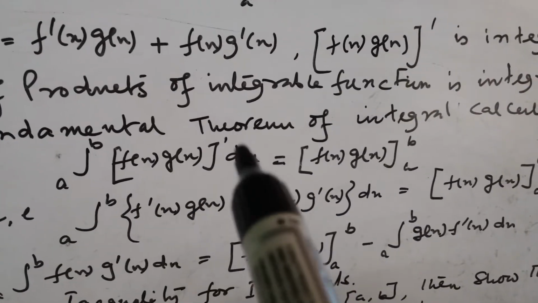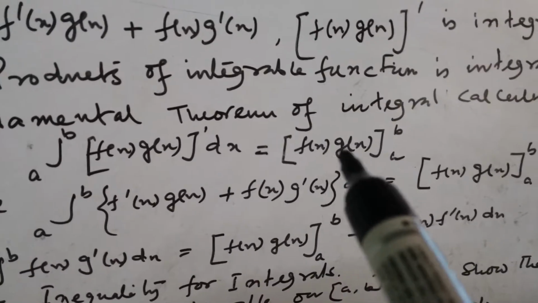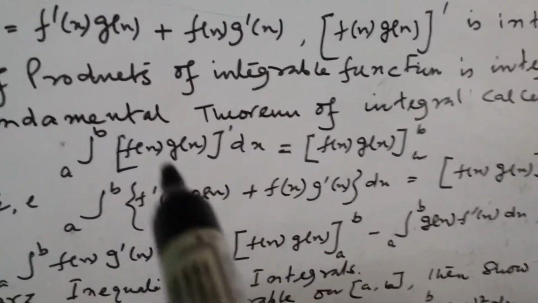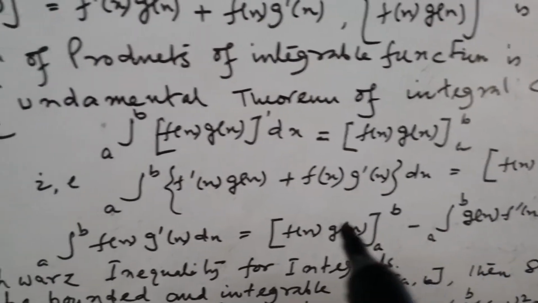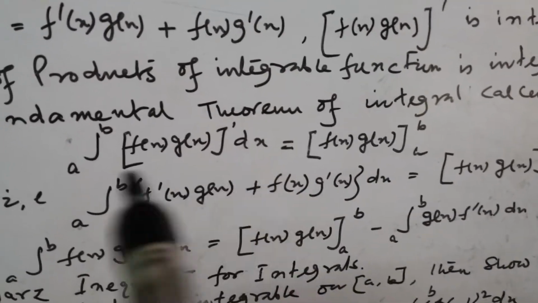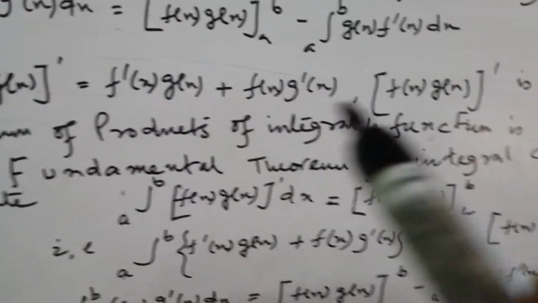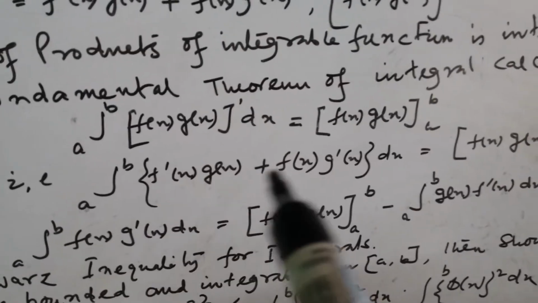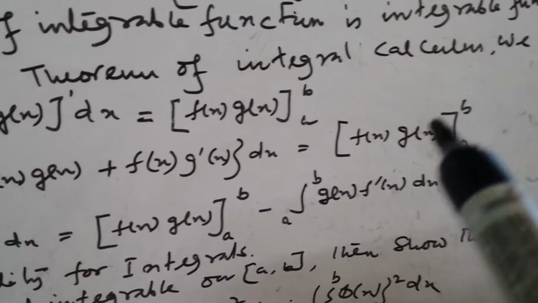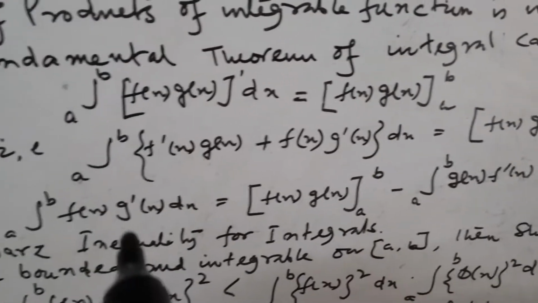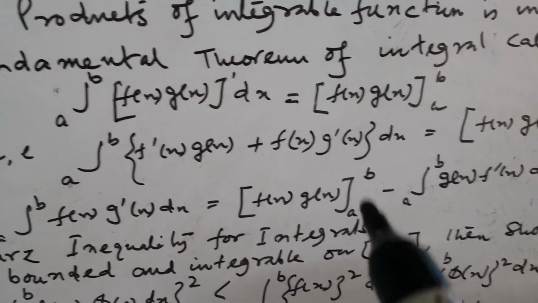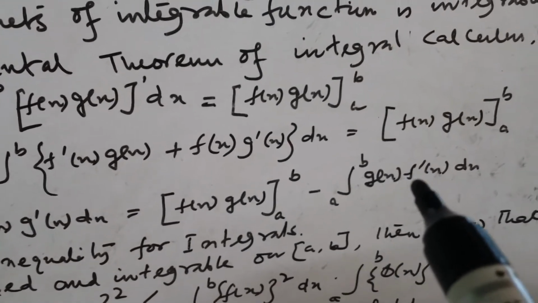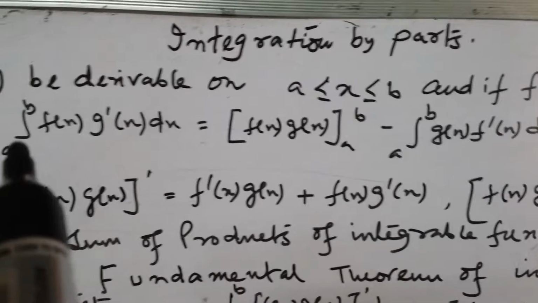Here we write this equal to [f(x) g(x)] from a to b. Now interchanging, the integral from a to b of f(x) g'(x) dx is equal to [f(x) g(x)] from a to b minus the integral from a to b of g(x) f'(x) dx, which proves this.